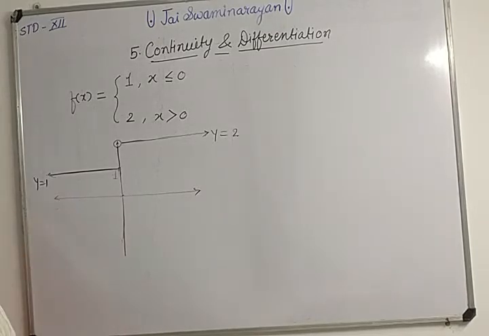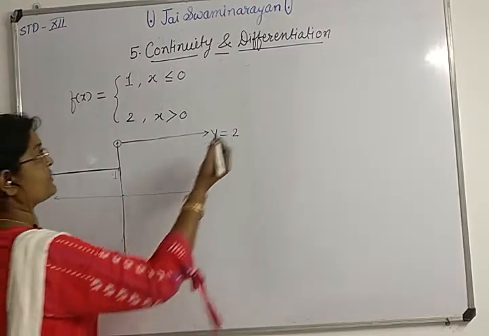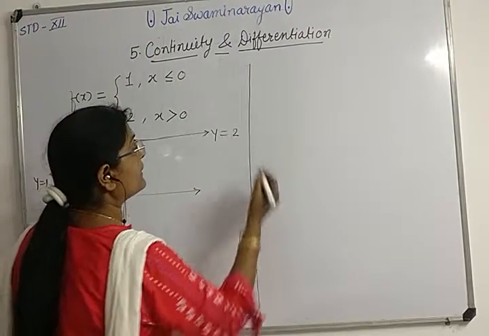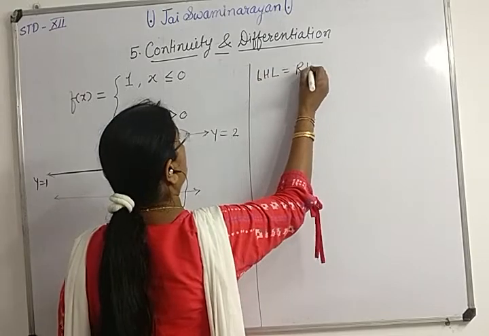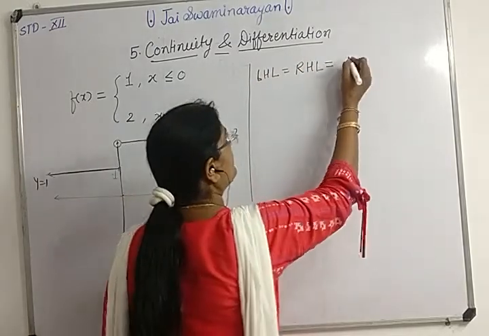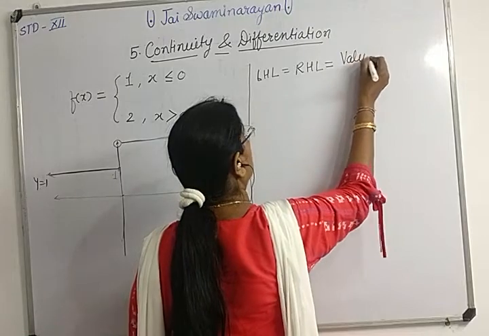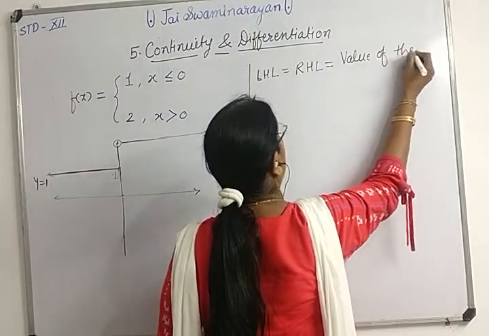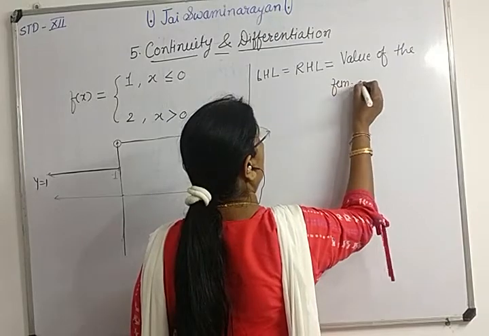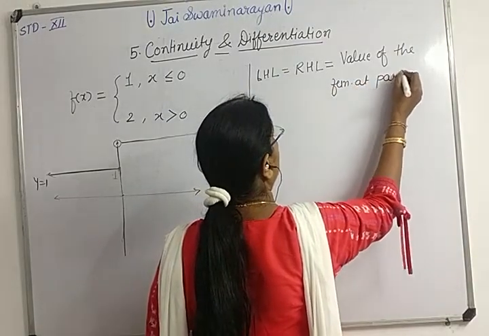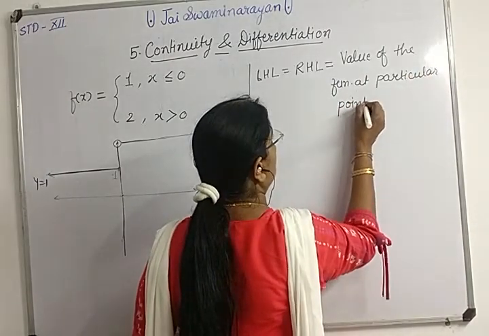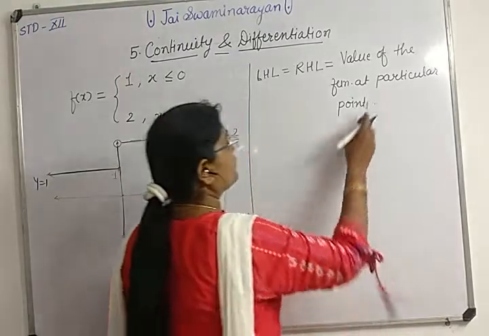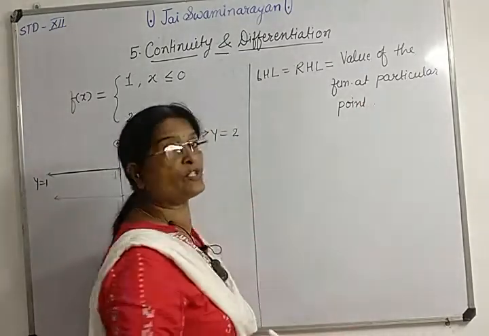Now this I have explained graphically. Now algebraically, what is the meaning of a continuous function? Last year we already studied that if the left hand limit equals the right hand limit and equals the value of the function at a particular point, and all three conditions are satisfied, then only the function is called a continuous function.